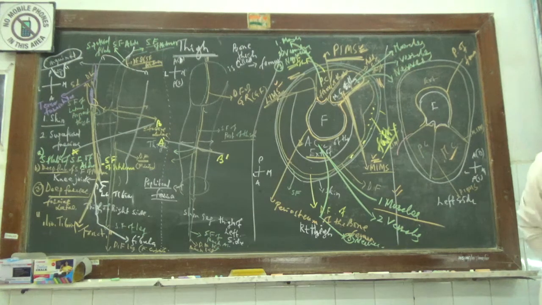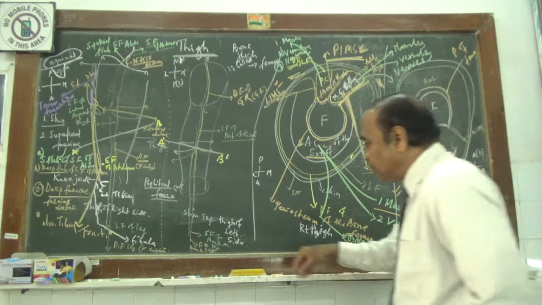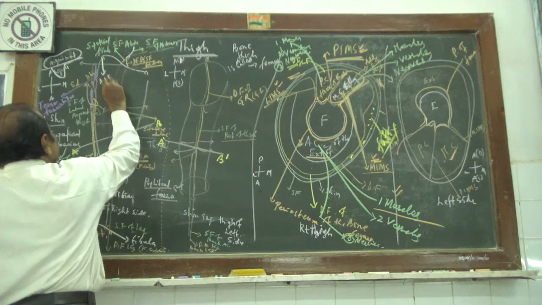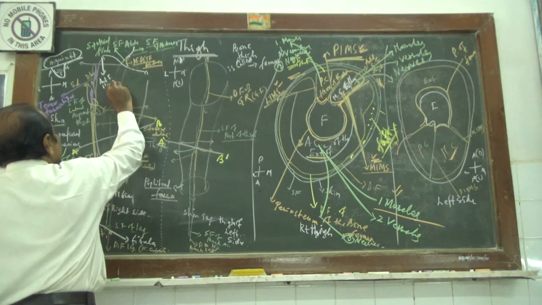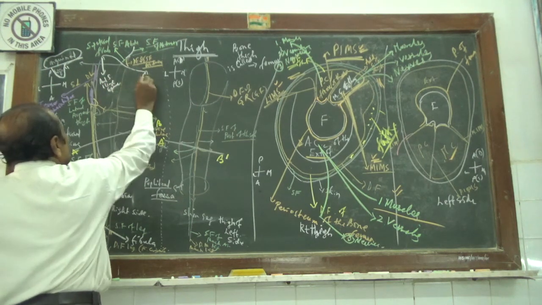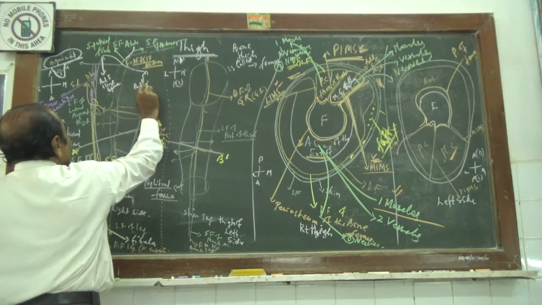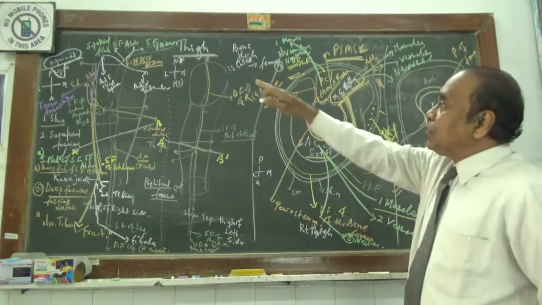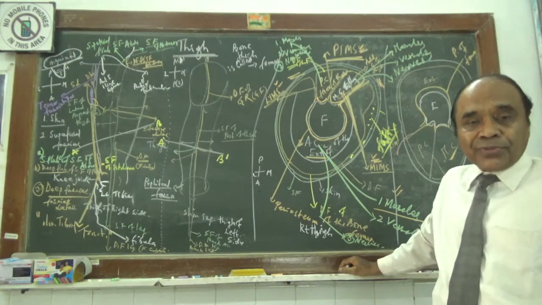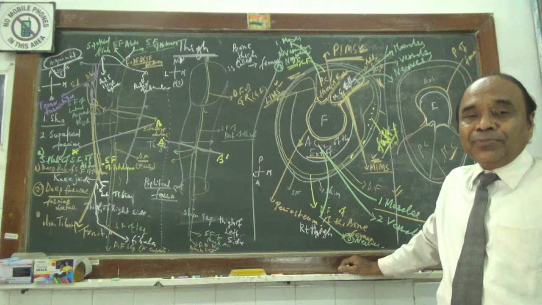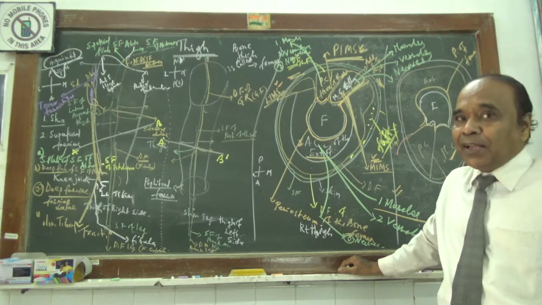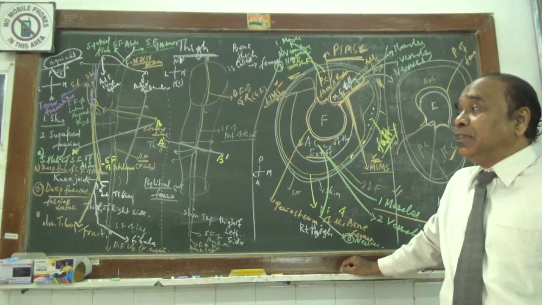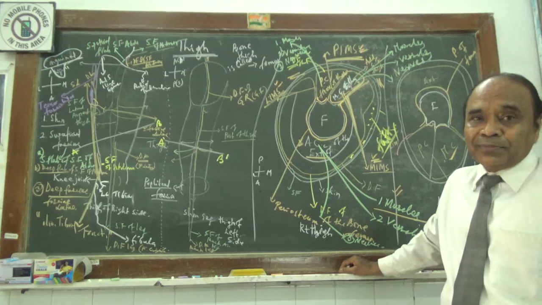This inguinal ligament is a band extending from the anterior superior iliac spine to the pubic tubercle. You can say the inguinal ligament becomes the beginning of the anterior part of the thigh and the ending of the lower lateral part of the abdomen. This inguinal ligament is also called Poupart's ligament.